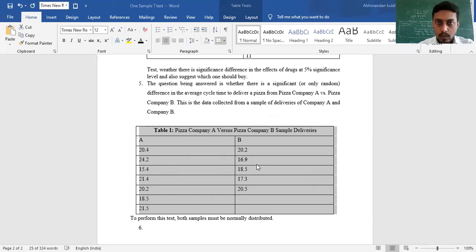We want to know whether there is a significant difference in the delivery time of company A and B. Okay, 7 samples in company A, and in company B they collected 5 samples. So now the question: we have to test whether it is significant or not.